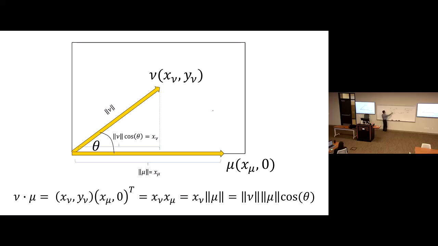By definition, this length divided by the magnitude of v is the cosine theta, so you can rewrite it into this.